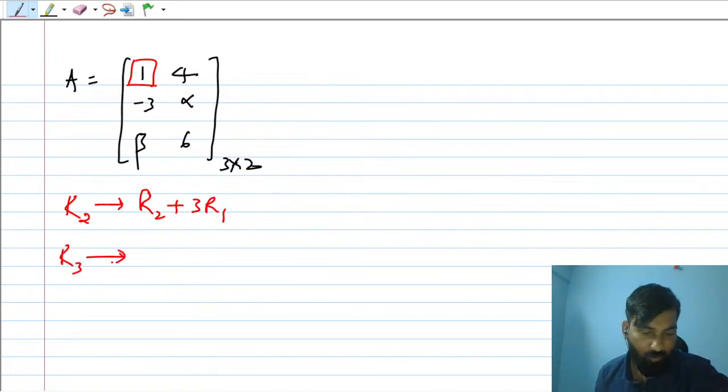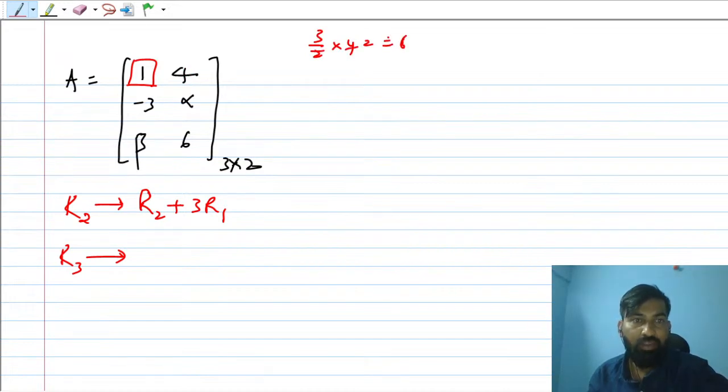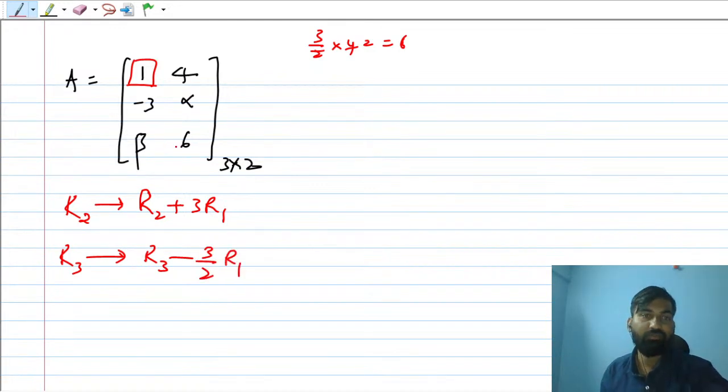On R3 you have to multiply by 3 by 2, because 3 by 2 into 4 becomes 6. So you apply 3 by 2 times R1, because you have to make this row 0 and this row 0, because you want only one pivot in this matrix.